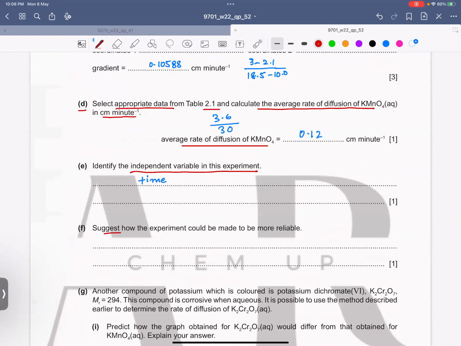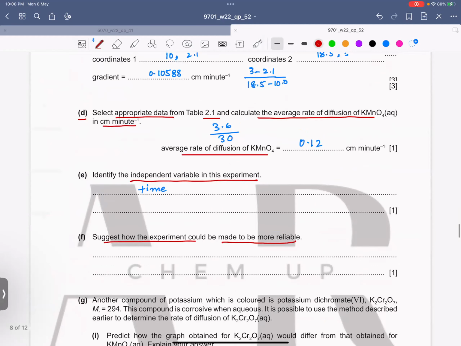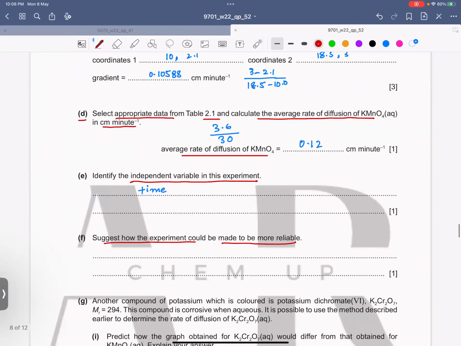F part suggests how the experiment could be made more reliable. So if you see in this, we can't take the average, but what we can do is repeat the whole experiment and see whether the results are the same or not. If the results are the same, then it means that it is reliable.